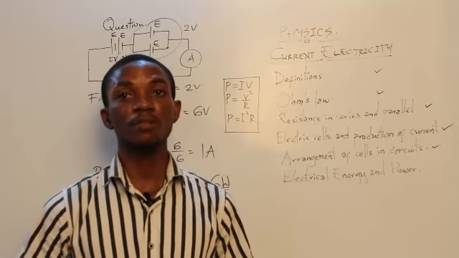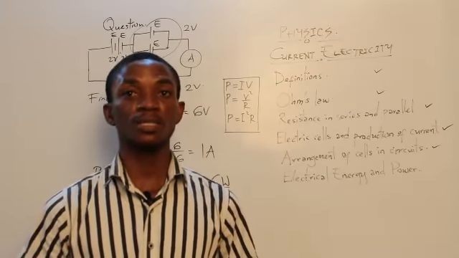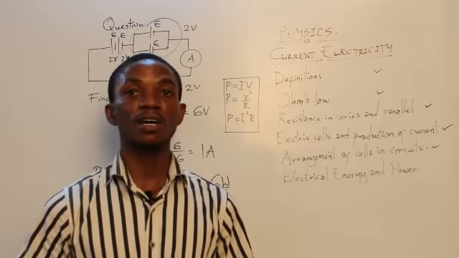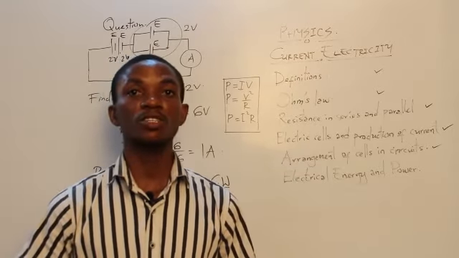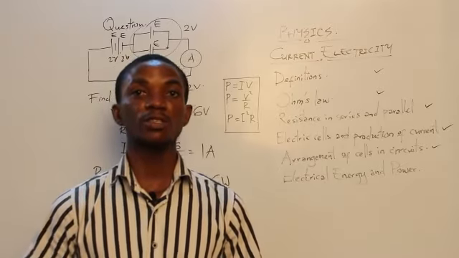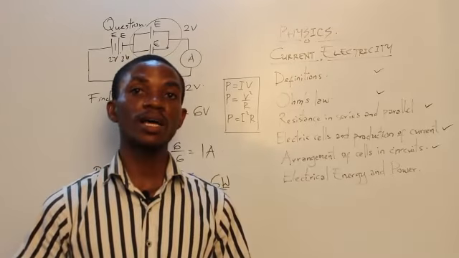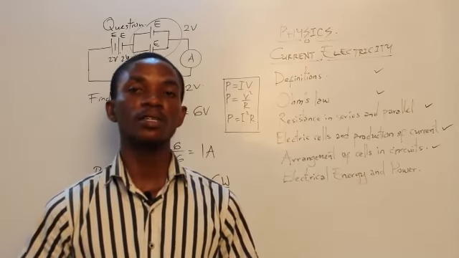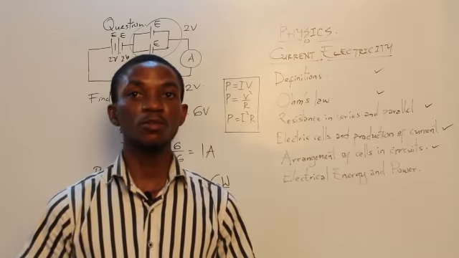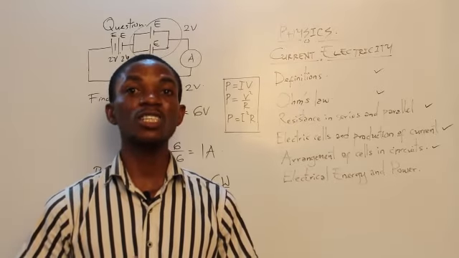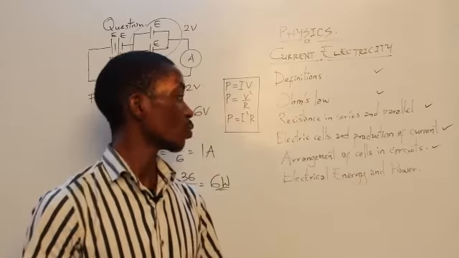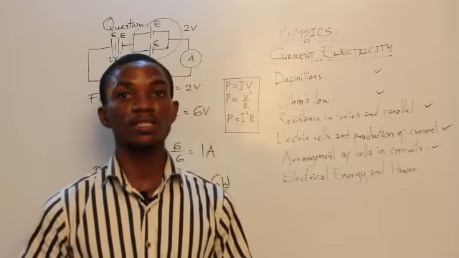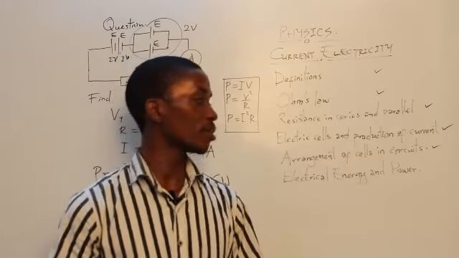We can use the chemical process from chemical energy, as in batteries. We can use the mechanical process, that's using mechanical energies, as in our hydroelectric power supplies, our generators. We can use solar energy using solar panels, and we can also use heat energy using thermocouples. We talked about arrangement of cells, that is series and parallel arrangement of cells.